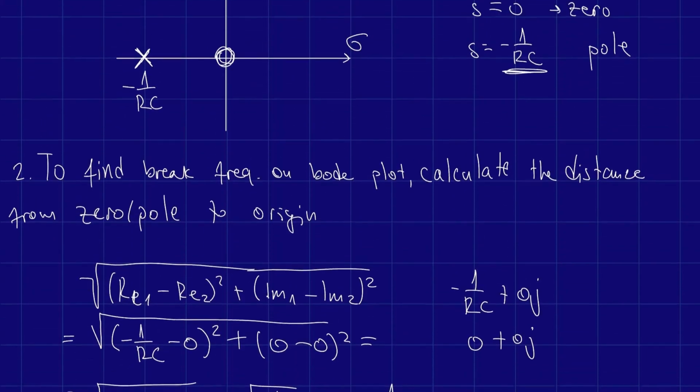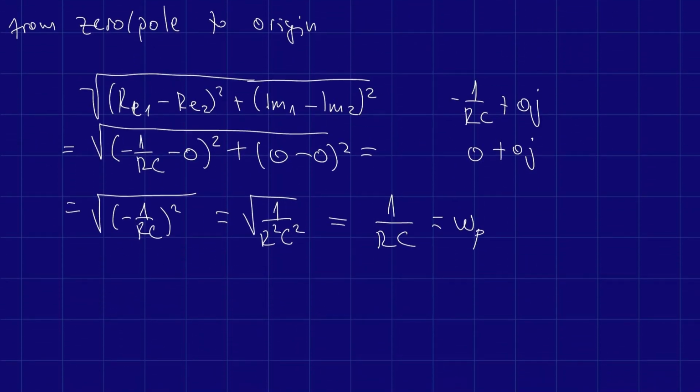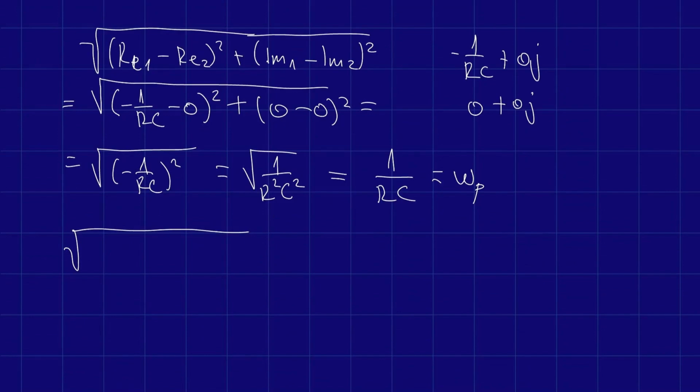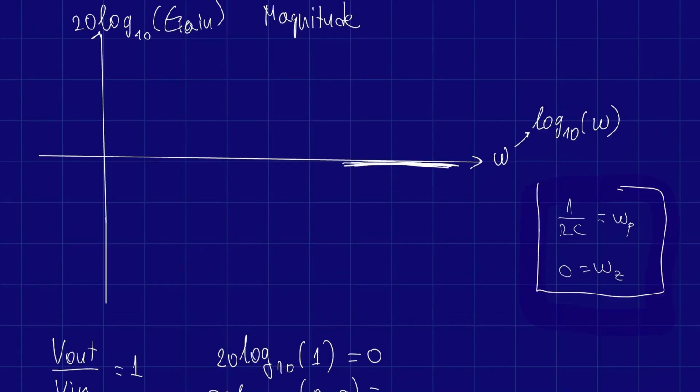And since the second distance is basically from our 0 to the origin, which is just 0 minus 0 plus 0 minus 0. So this is just 0, which is the break frequency of the 0. Now what this means is that at the frequency 0, there will be an increase of 20 dB per decade, since we have a 0 here.